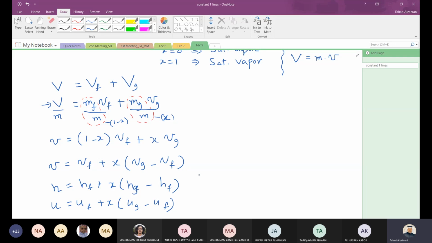I will show you the tables relevant to these 5 different states: the saturated mixture table, which shows the 3 states of saturated liquid, saturated vapor, and in between. Then you have the compressed liquid or subcooled liquid tables, and then the superheated tables.